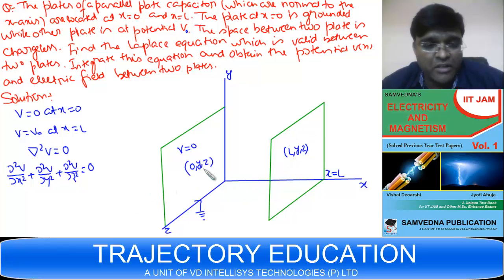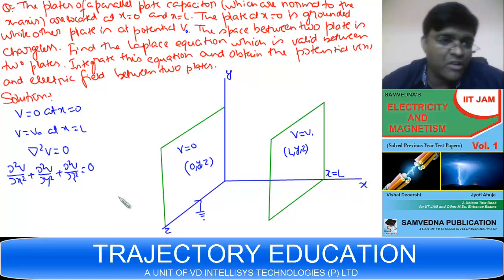This gives you an idea that V is varying with x, because when x changes from 0 to L, V is changing, but when y and z vary on these individual plates, V is not varying. It means V is a function of x only. It is independent of y and z.